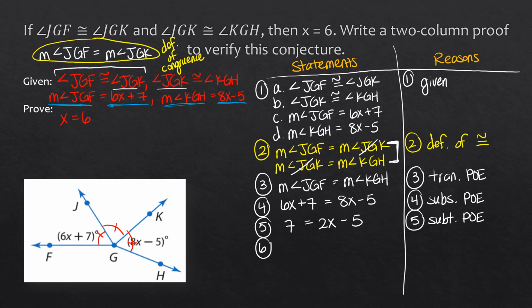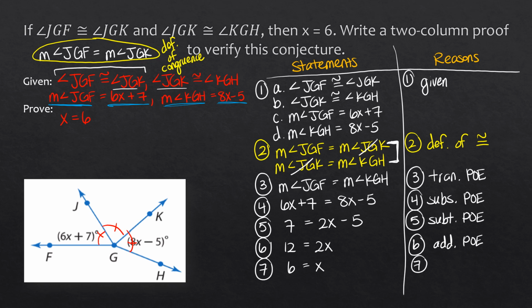Next, I might add 5 to both sides to get 12 on the left, 2x remaining on the right. So we have just added to both sides, use the addition property of equality. Okay, and we're almost there. Step 7, we would divide both sides by 2 to get 6 equals x.